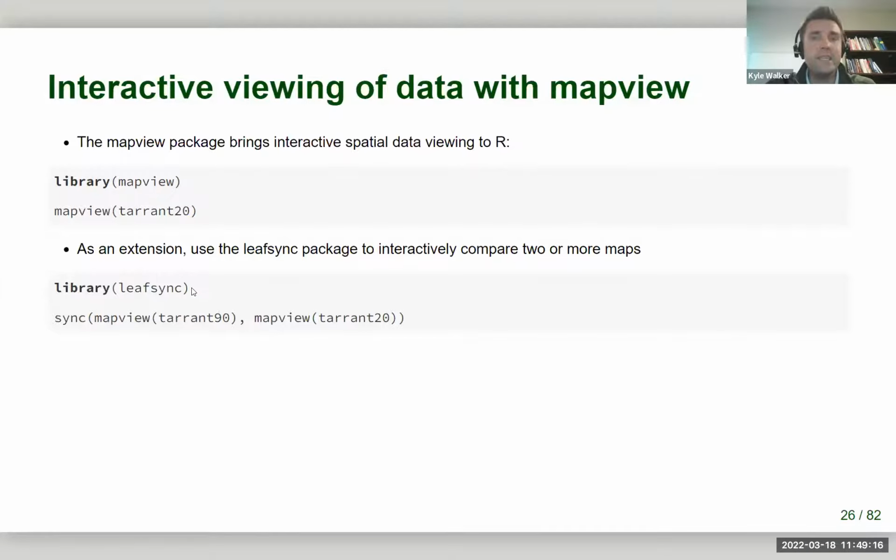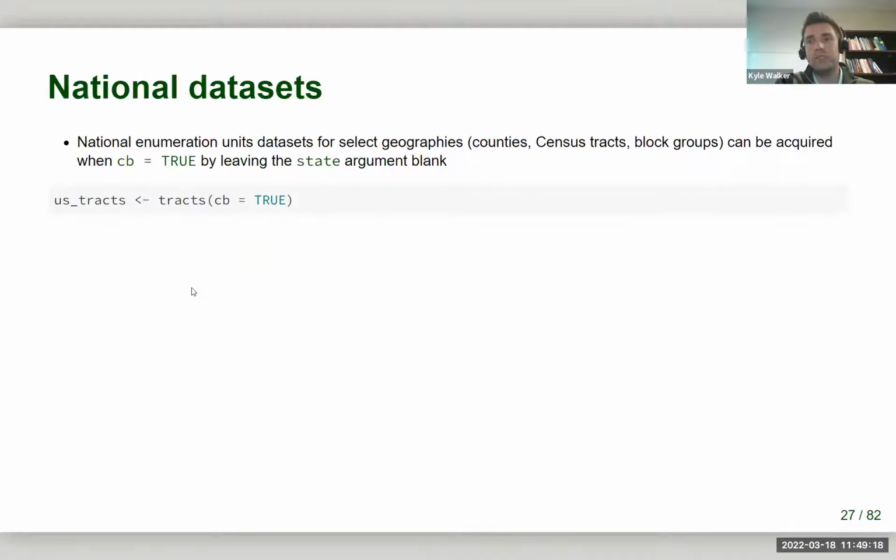The last piece that I wanted to show you for this first portion of the workshop is how to pull national data sets. And I'll often get this question, you know, I'd like to do a national analysis of census tracts in the US. Typically census tracts are just distributed by state.